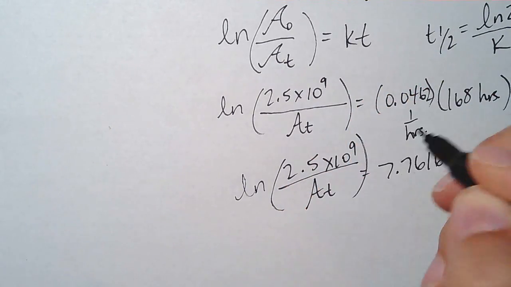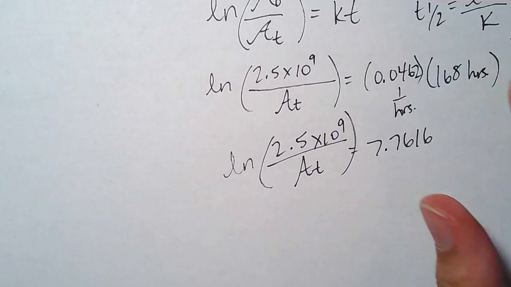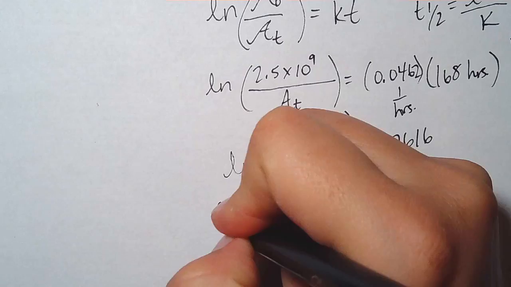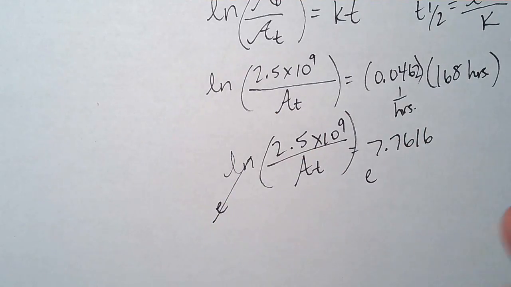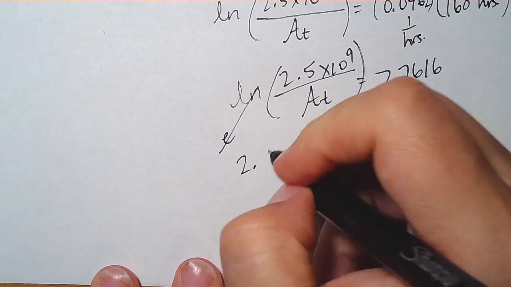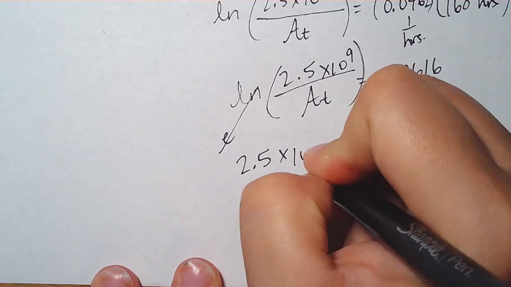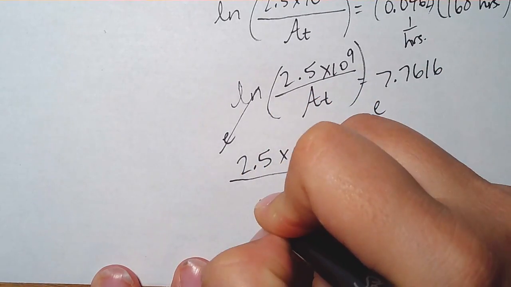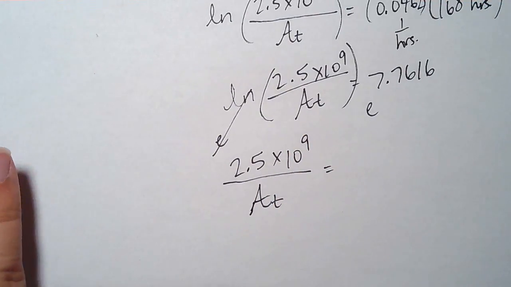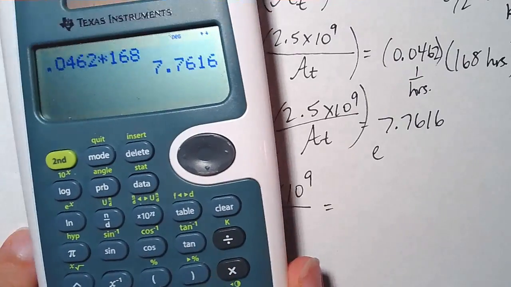So we need to get rid of the natural log. We do this by using base e. So if I raise both sides to e, I have 2.5 times 10 to the 9th over my variable is equal to, alright, so over here I'm going to do second ln to get the little e.